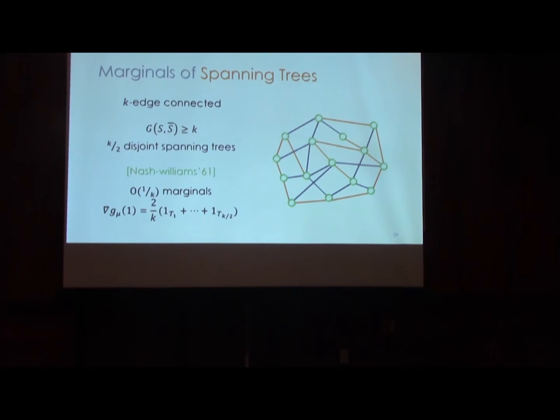So this gives you marginals which are bounded by 1 over k. And this is saying that you can always find lambda e's such that the lambda-uniform spanning tree distribution has marginals bounded by 1 over k, when your graph is k-edge-connected.